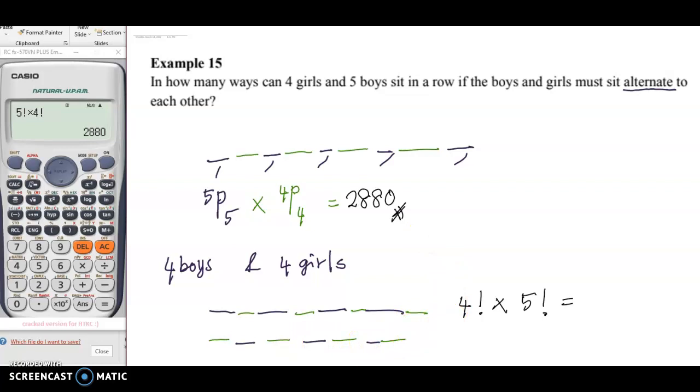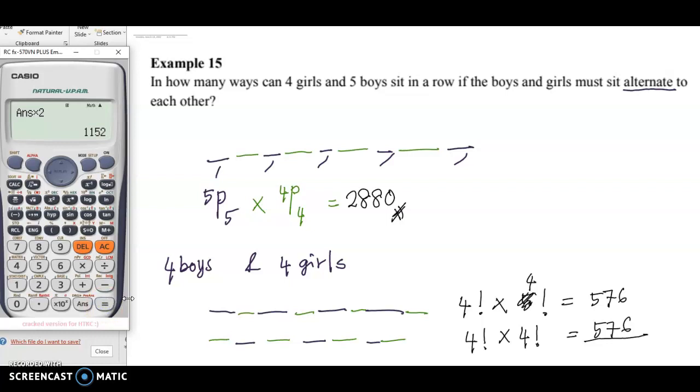So still the calculation will be 4 factorial multiplied by 4 factorial, which gives 576. This one also 576. And then our answer should be 1152.